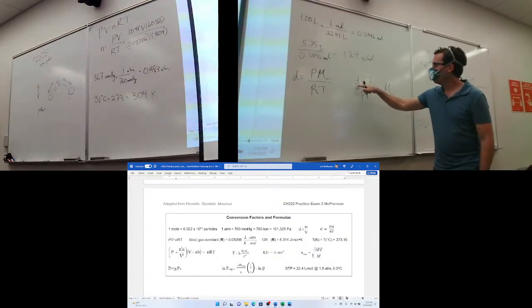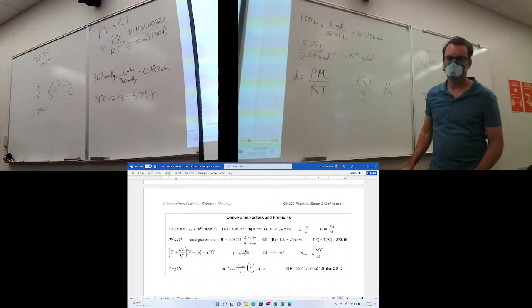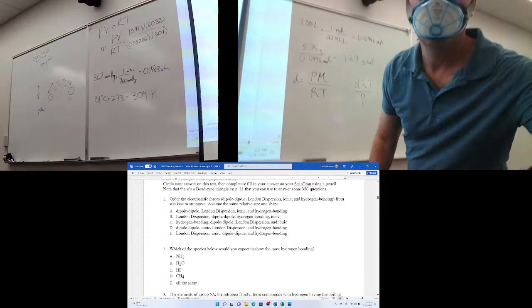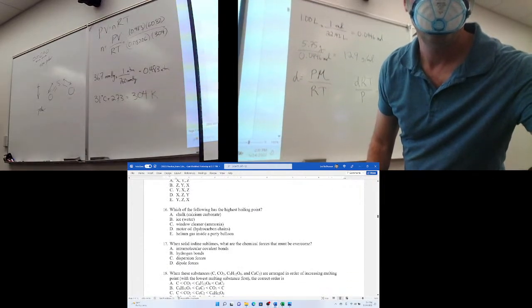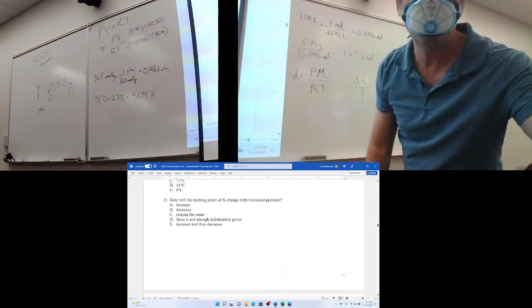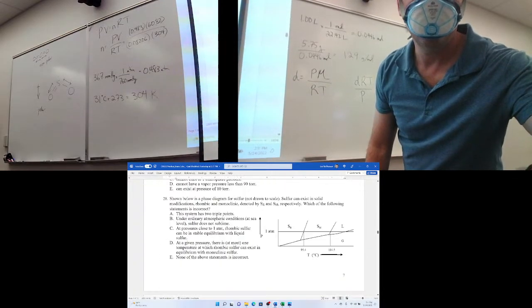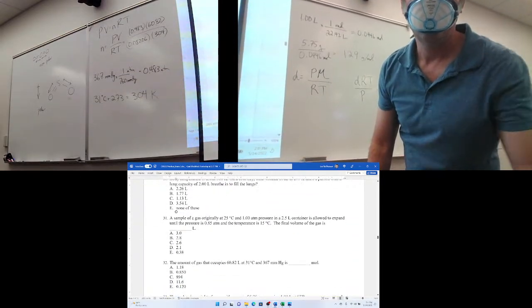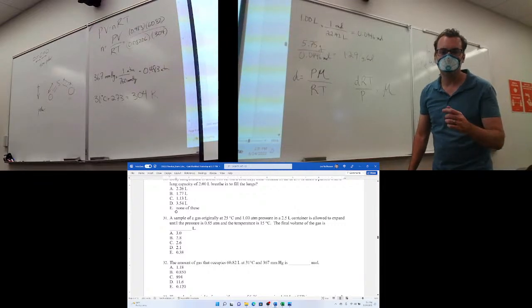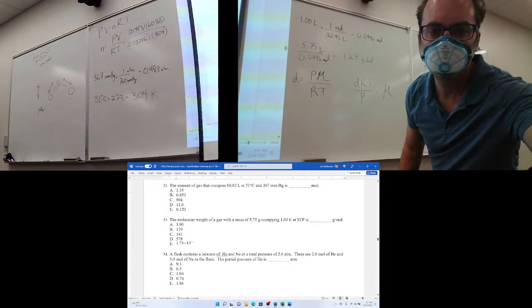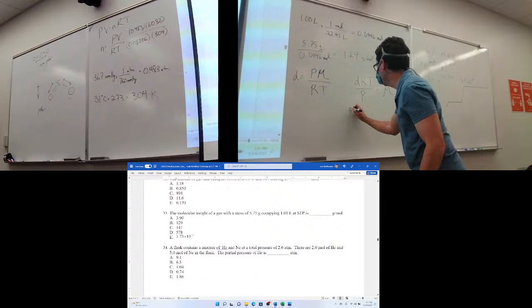So plug in density. Well, how do I get density? Let's go back to the problem. Mass over volume, which we've got. So we've got a mass, 5.75 grams over a volume, 1 liter.